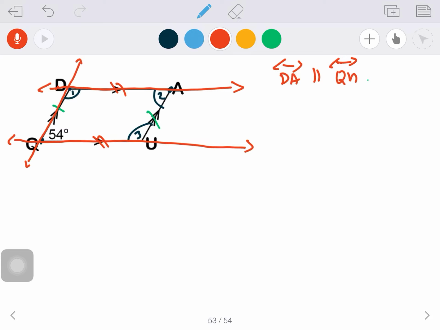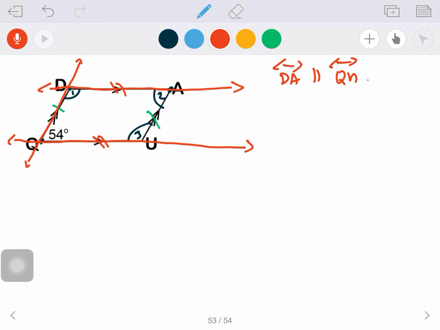So, what would be the measure of angle 1? Given that DA is parallel to QU, and you have QD as its transversal, and one angle here is already 54 degrees. So first, let's find out what's the relationship of angle 1 to 54 degrees. Okay, you're correct.